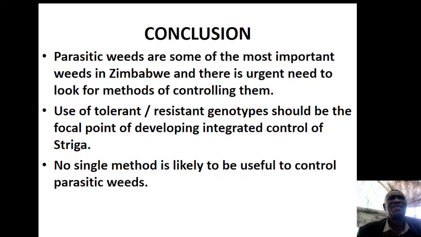We accept that one method is not going to be successful, but you need to integrate methods. But during this integration, the focal point should be use of resistance or tolerance. So no single method is likely to be useful to control parasitic weeds.